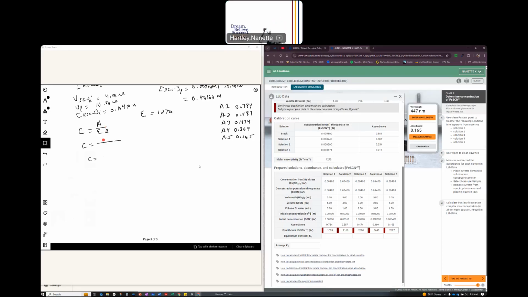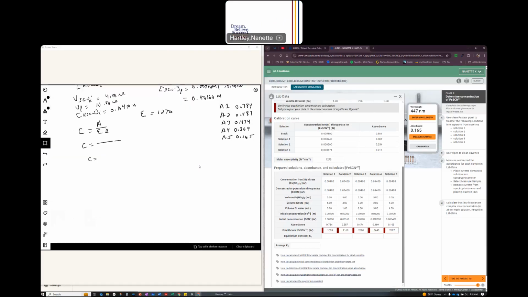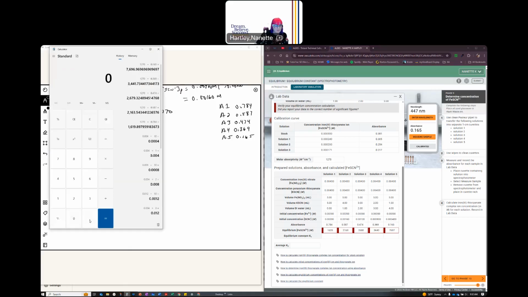So 0.784 divided by 1270. That looks a lot better. I knew there was something funky about it.